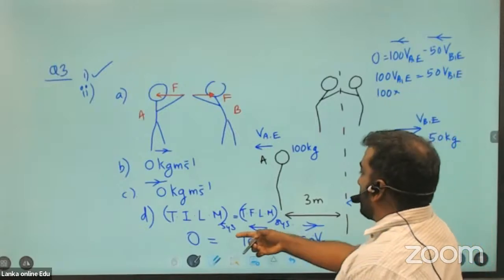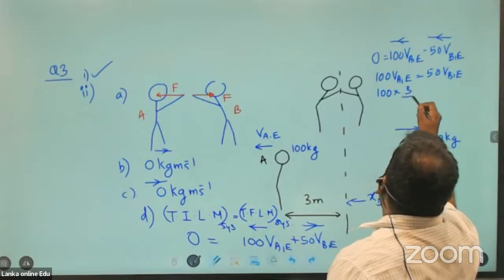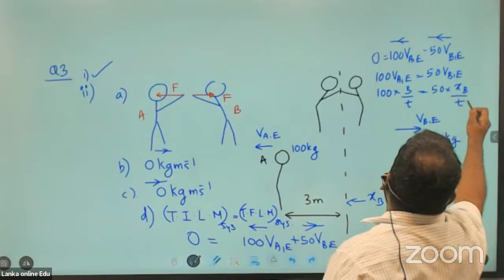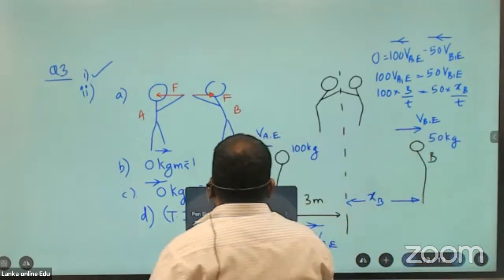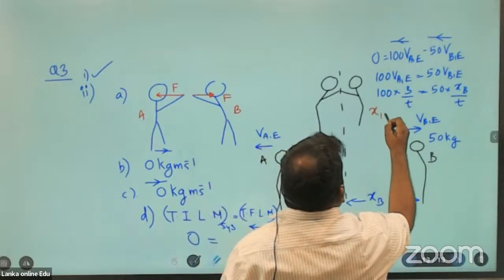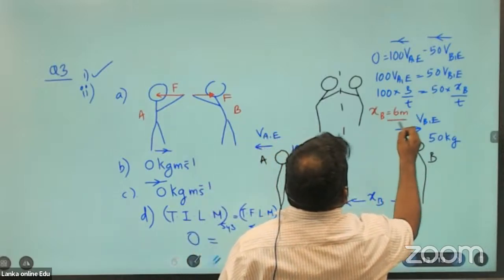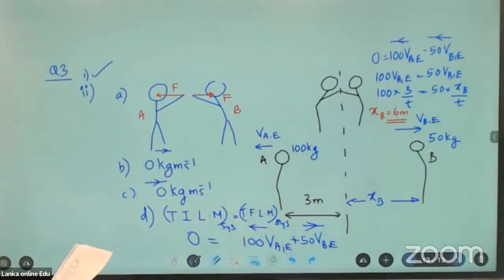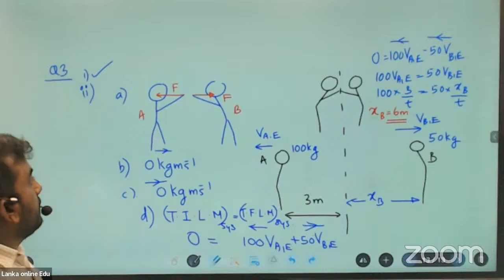Velocity of A with respect to Earth means displacement divided by time. B with respect to Earth means displacement divided by time. Simplify this. The t cancels off. 300 divided by 50, so x_B is 6 meters. There you go. Part D done.